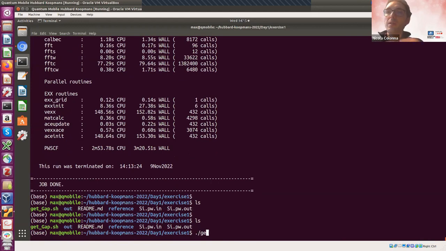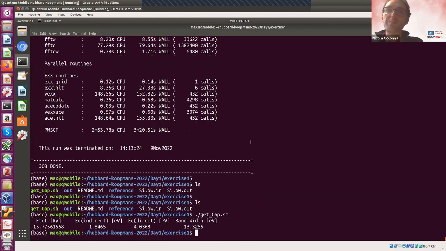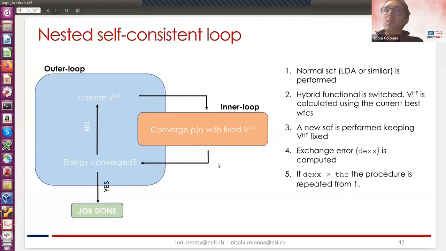If you execute it, you get the total energy, the indirect band gap, 1.84 electron volt, the direct band gap, and the bandwidth, which is the width of the valence band. Okay, and this is how to do a PBE0 calculation.